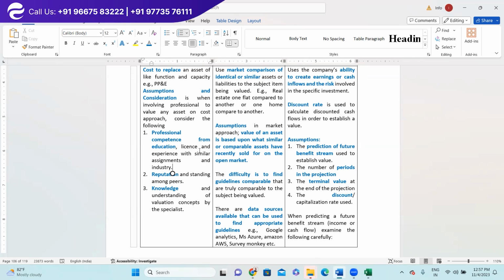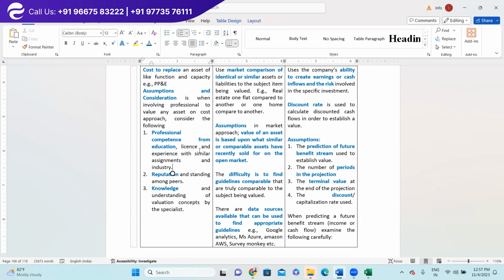So there is a possibility of differences in the assumptions and presumptions you might be taking, right? But the base you will be considering is the third floor flat which has been sold, but there would be certain permutation, combination, and other assumptions you will be adding to consider the value of your flat, right?